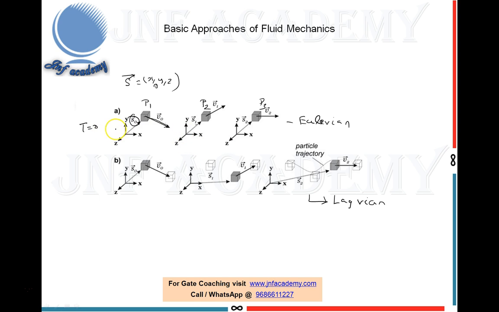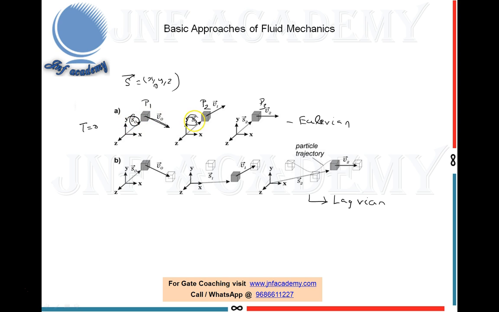At the same time, at a different location S1, there is a different particle, which is P2, which has a velocity vector v1, because of the change in location. See here, the time is the same. In the first case, the time is the same, time is equal to 0. I have fixed the time. The only difference here is the space.